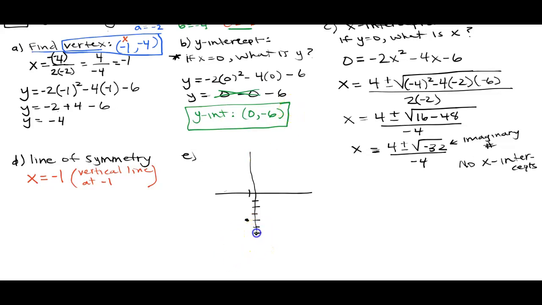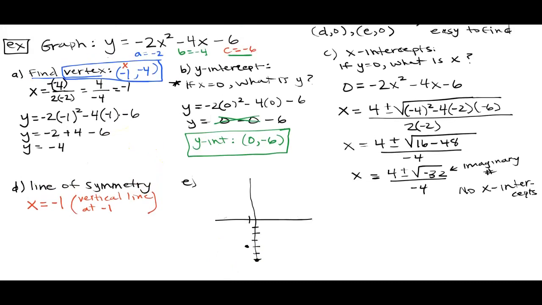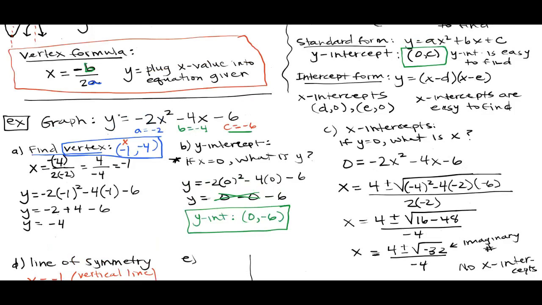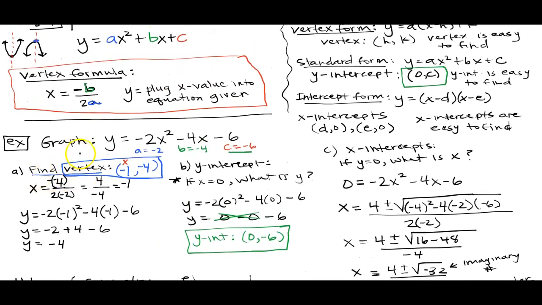So that's here. Okay, and notice that in my equation, this a value is negative. And that's telling me that this is going to be an upside down parabola because it's negative.